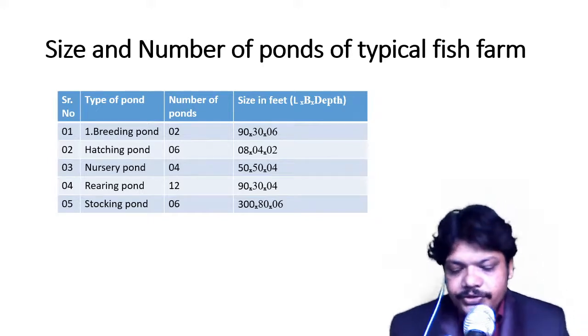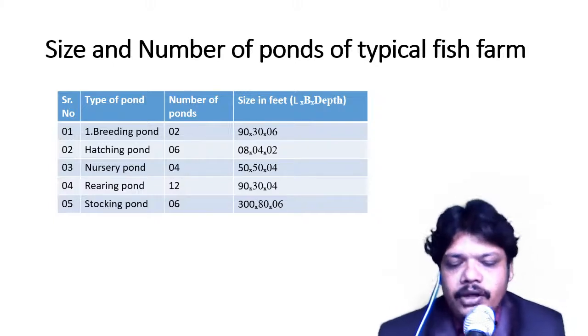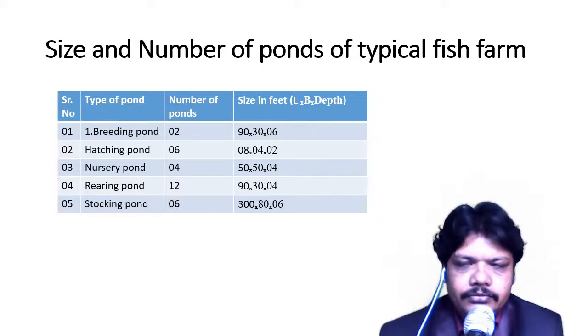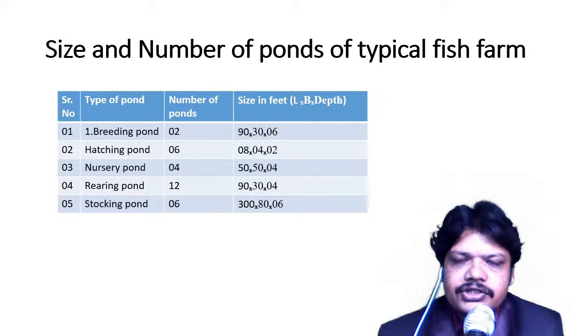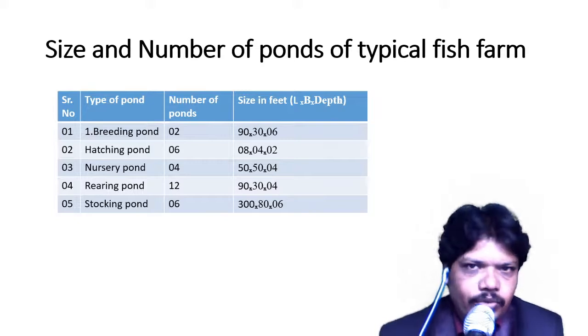We have to take care of the enemies of the fish seed. Amphibians such as frogs should not reach the nursery pond. Some kinds of crab should not reach there or get inside the nursery pond.